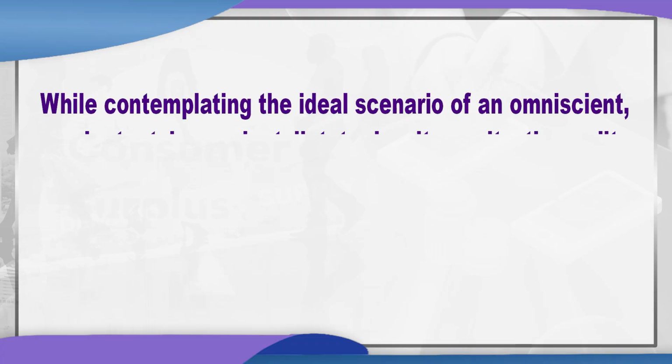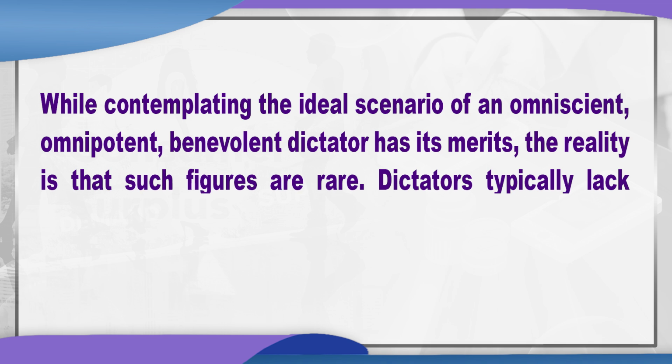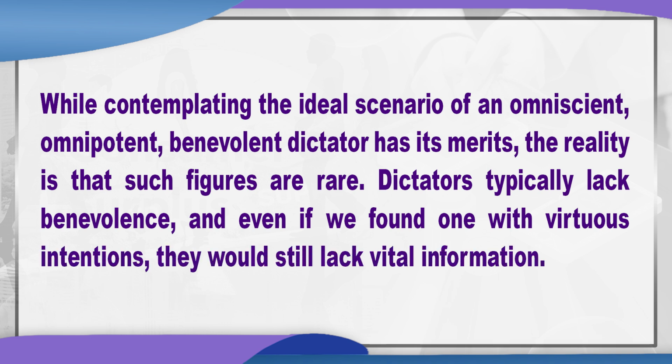While contemplating the ideal scenario of an omniscient, omnipotent, benevolent dictator has its own merits, the reality is that such figures are rare. Dictators typically lack benevolence, and even if we found one with better intentions, they would still lack vital information.